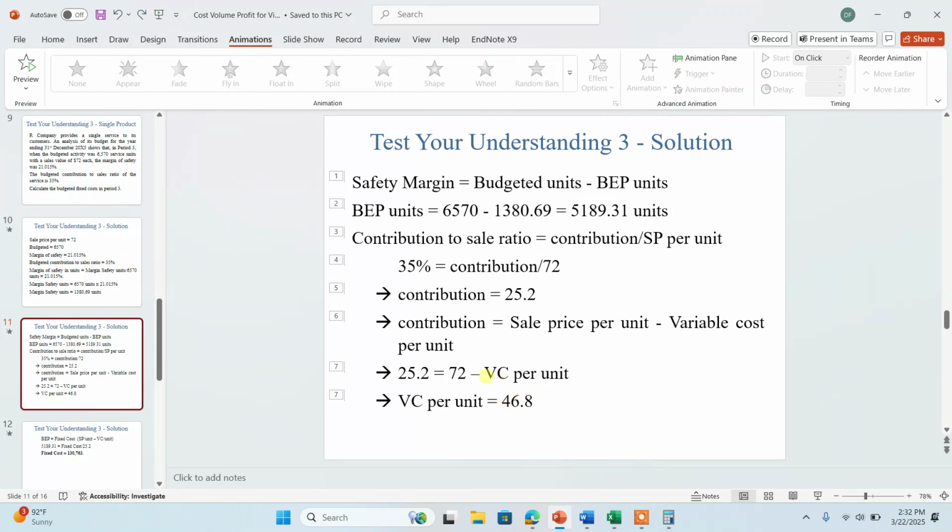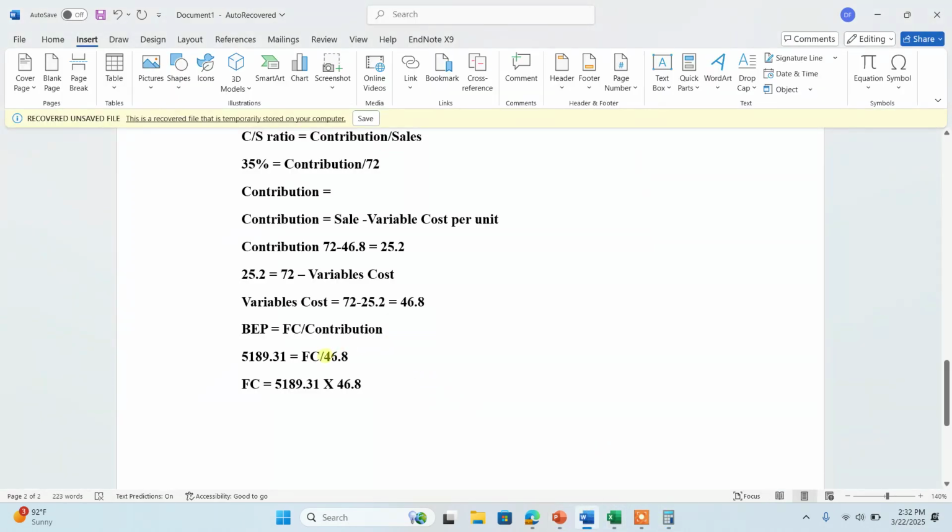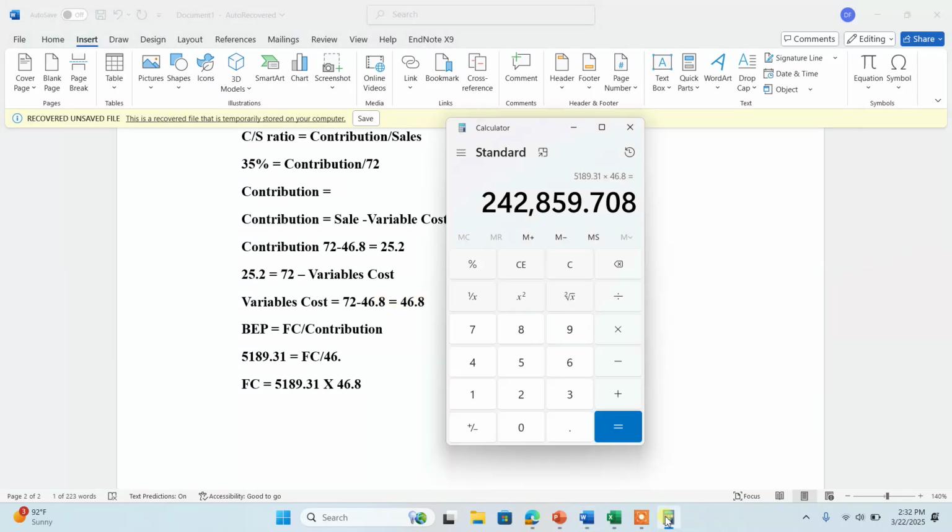This is the variable cost. Your contribution margin 25.2. Sorry, oh, this is the variable cost. I put the wrong value here. Variable cost is 46.8. So contribution is. I'm sorry, I'm making the mistake of putting the wrong value.